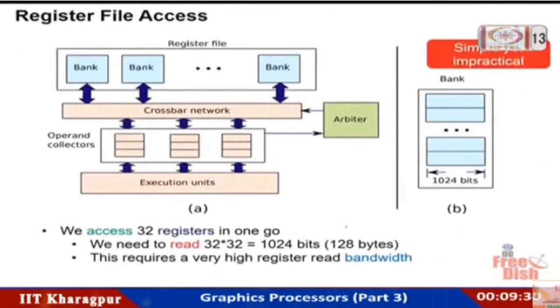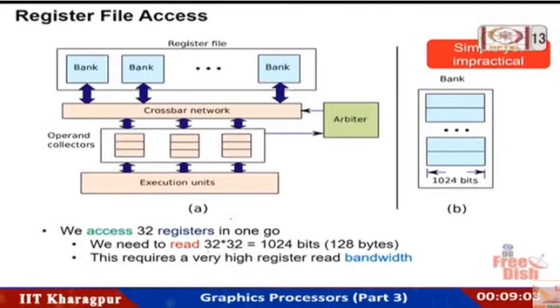take care of it. So the important question that needs to be answered now is that if, let's say, we have 32 load instructions in a warp, or 32 store instructions, pretty much one instruction per thread, what do we do? How do we access it? So let us first count the number of bits that we need to read at the same time.